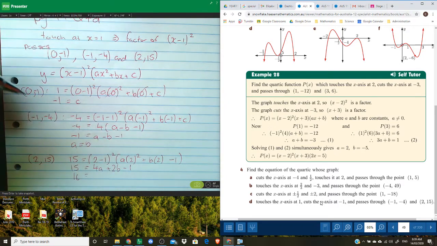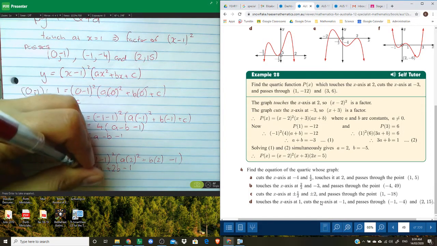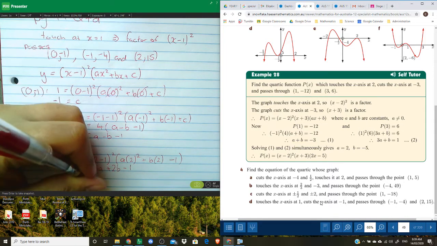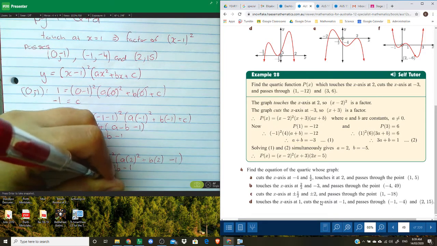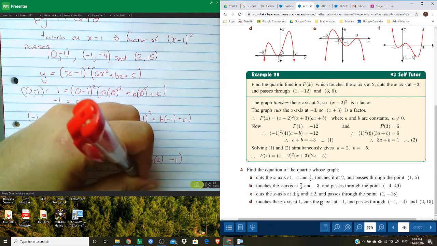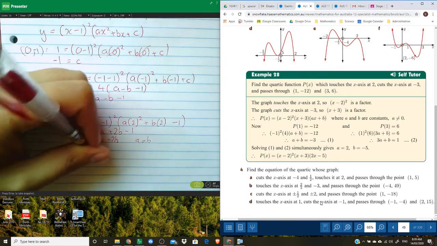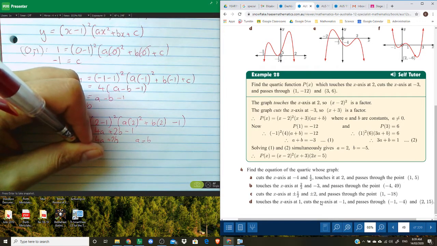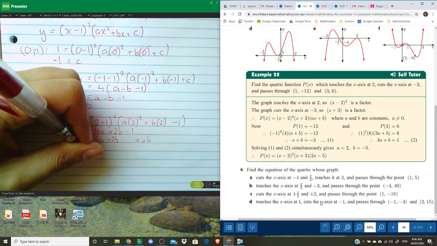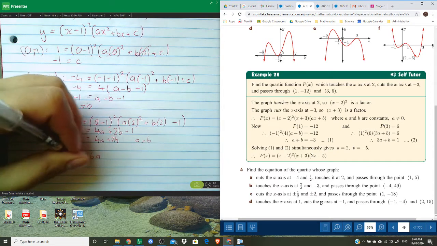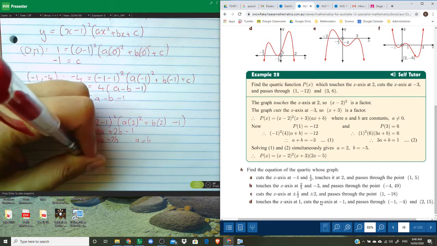I can group these up, as a equals b. 4a plus 2b, but as a equals b, 16 equals 6a. Divide that across. a equals 8 on 3.